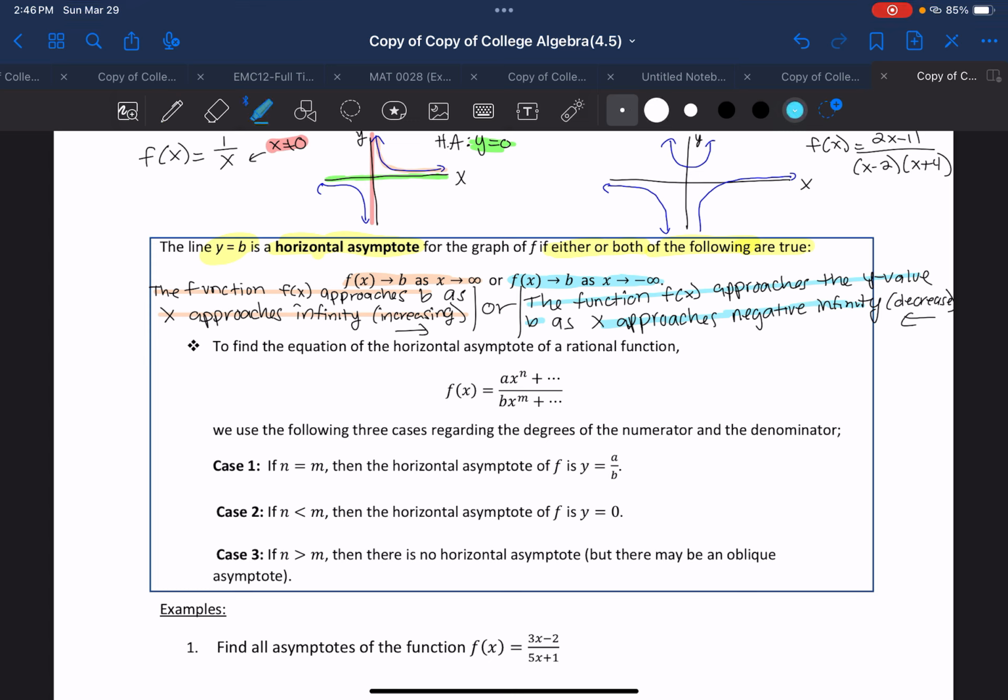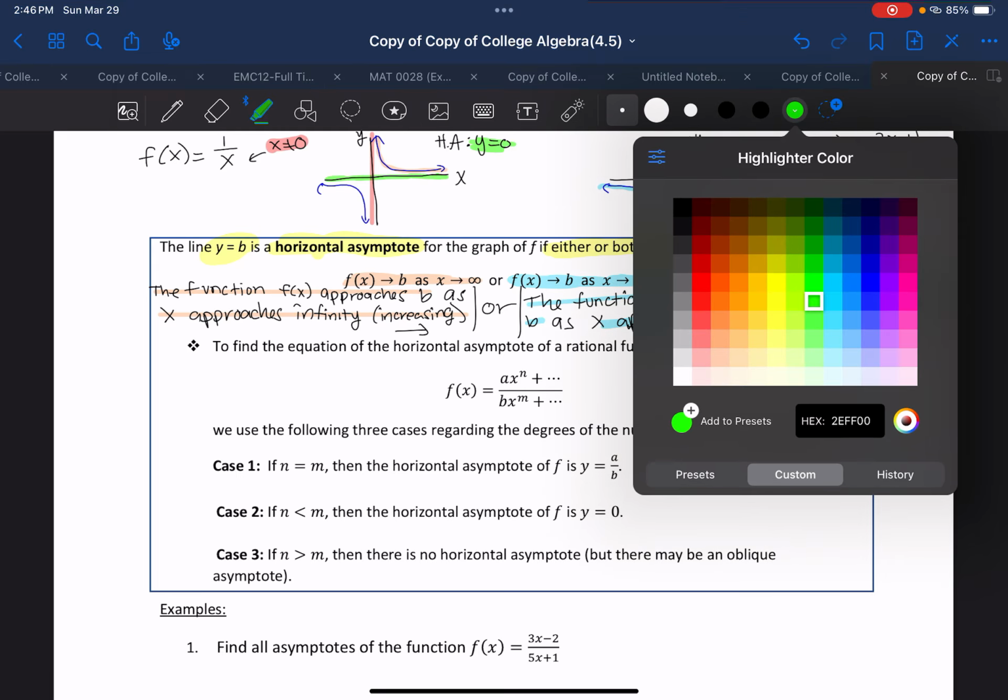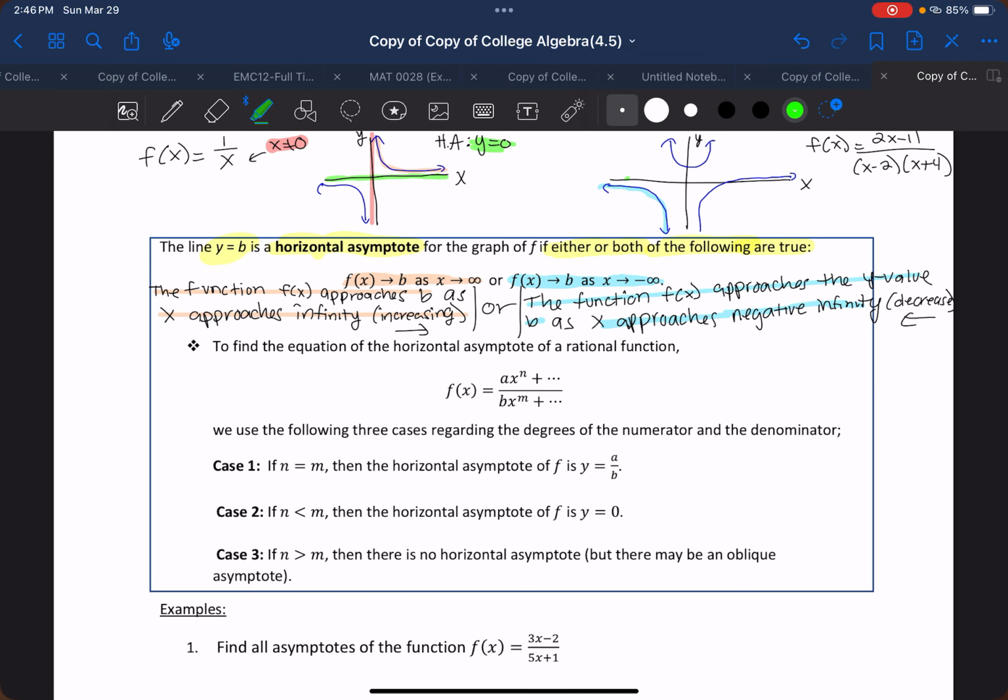on the graph on the right, as x is approaching negative infinity here on the left, the y value of that graph is approaching y equals 0. So this line, y equals 0, is a horizontal asymptote.